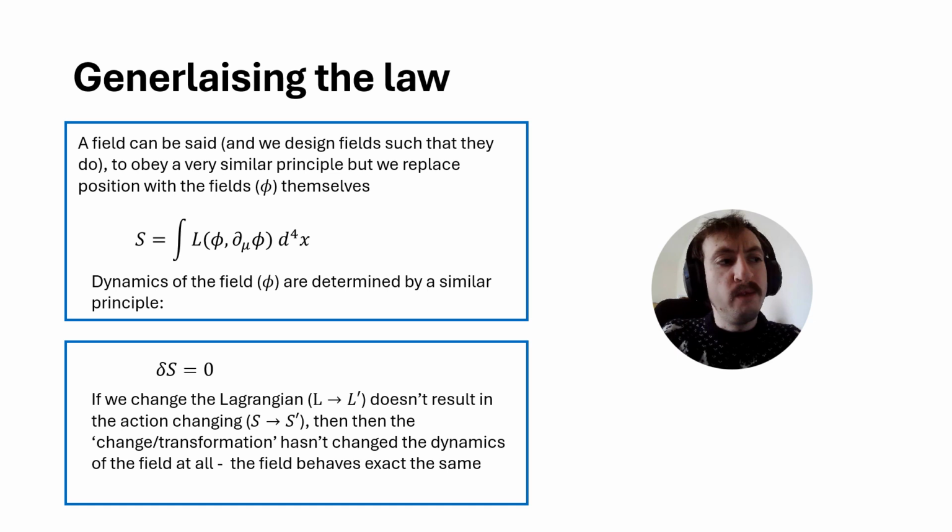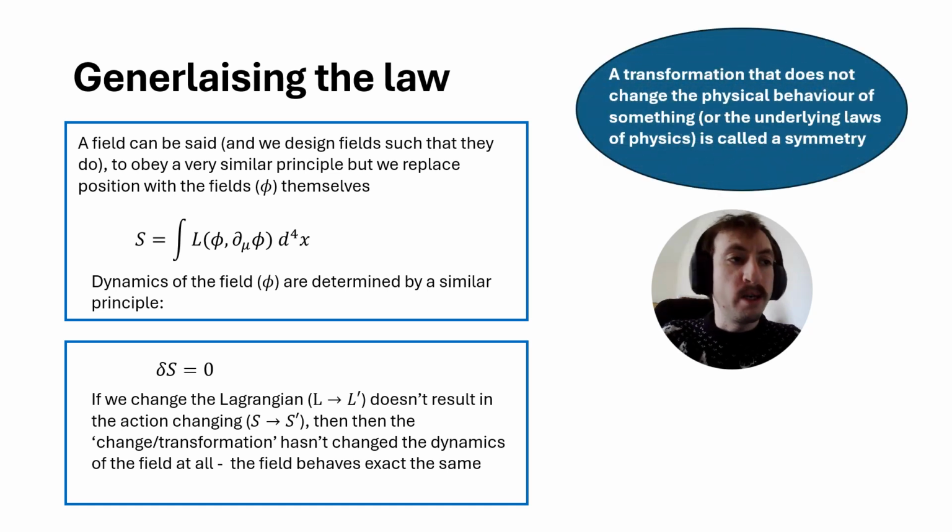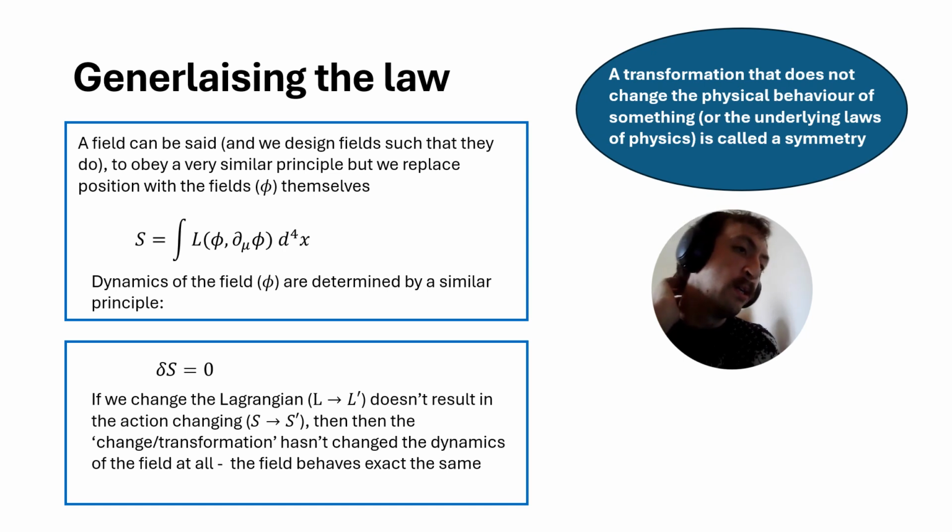And therefore the bit that we can add to our Lagrangian that won't change our action is called a symmetry. Now, there are more exotic kinds of symmetry we can have, but for this video we're just worrying about symmetries that don't change the action.